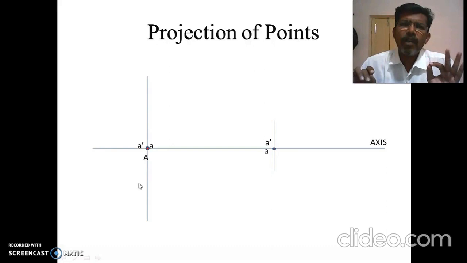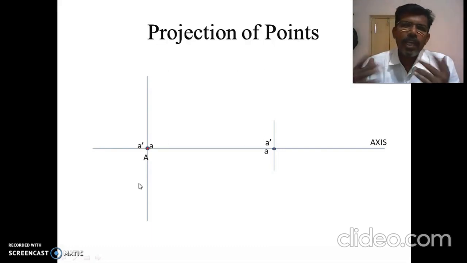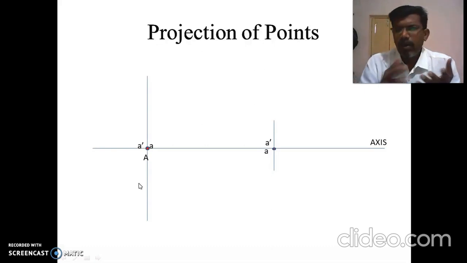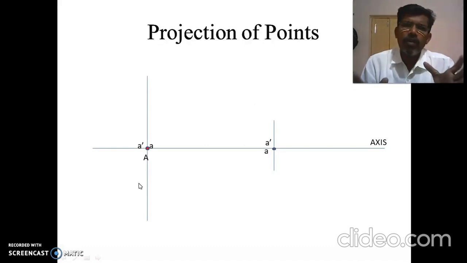It takes a little bit of time, but calculate your time when you are drawing the first time, and then the second time and third time, and your time gradually decreases for your solutions, right? So if you go on practicing, you will get expertise and you can solve this projection of points within a few minutes. If I give 4 or 5 points, within 2 minutes you are going to solve that problem.